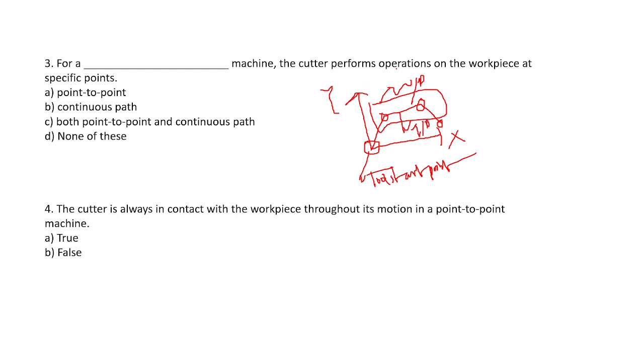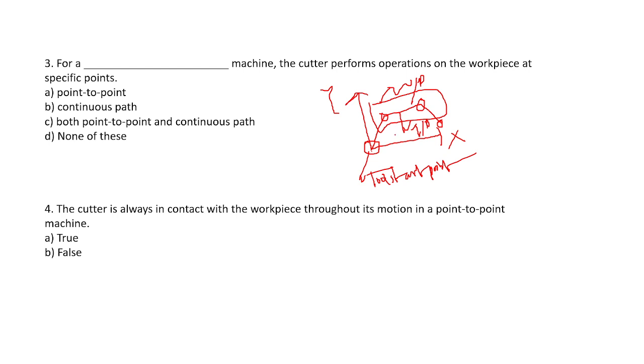This is the basic diagram, so you can understand it from point to point. Say for example from P1 to P2, P2 to P3, P3 to P4. This is the tool path, and this rectangular part is the workpiece, and P1 is the tool start point. So this is basically the point to point type of NC programming.